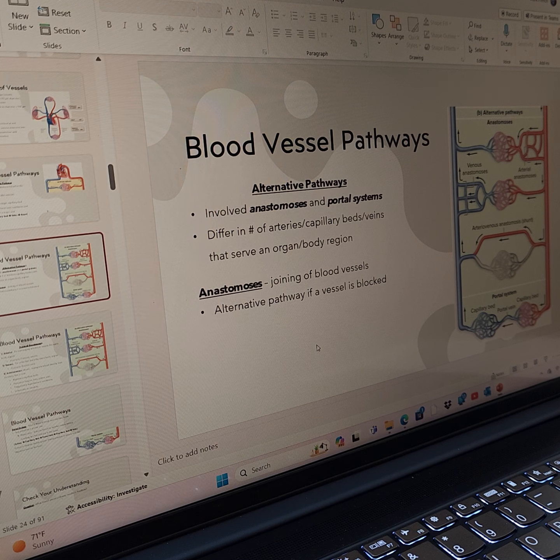And then we get into the other alternative pathways, anastomosis and the portal systems. They differ in the number of arteries, capillary beds, and veins that serve an organ or body region. So there are multiples, right? Anastomosis is the joining of blood vessels, if the alternative pathway of a vessel is blocked.